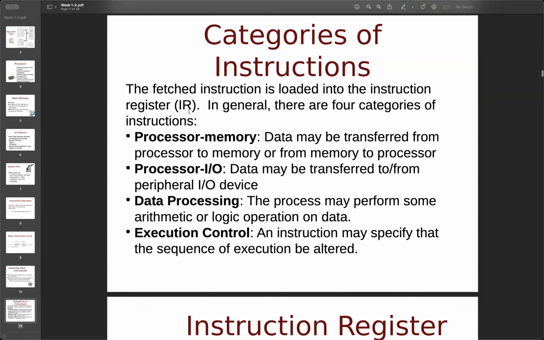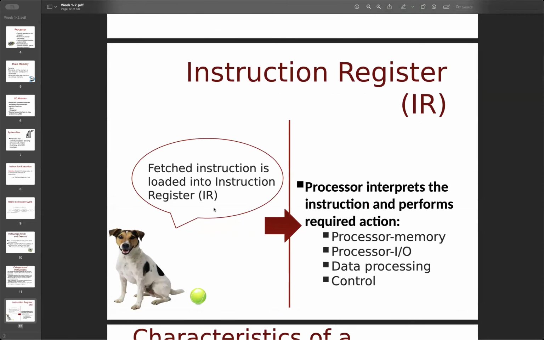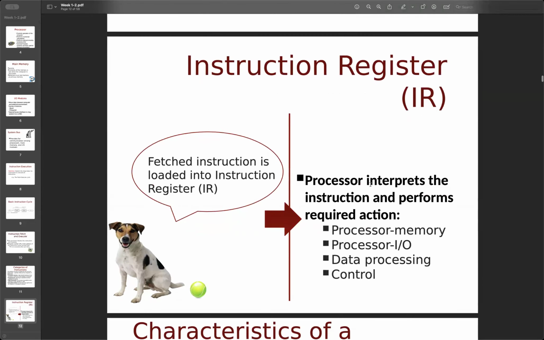The instruction being fetched is saved in the IR. Just remember, all these fetched instructions are loaded into the instruction register. So be careful: what's the PC, what's the IR? These are two words, right? And the processor interprets the instruction and then performs the required action.